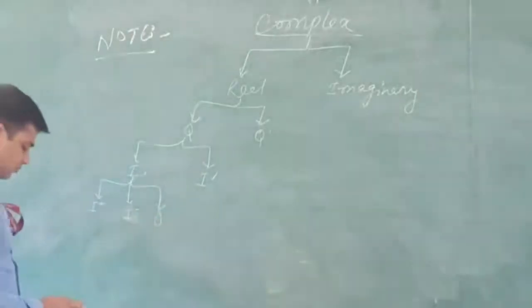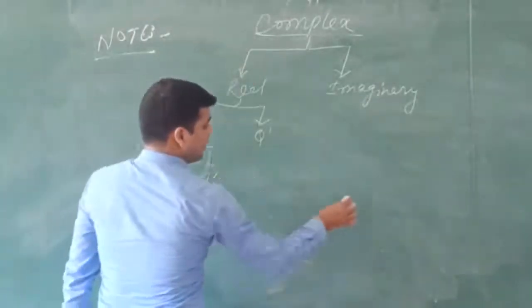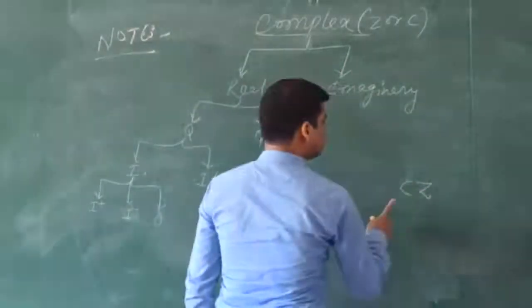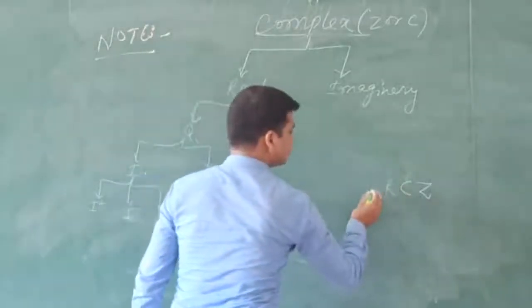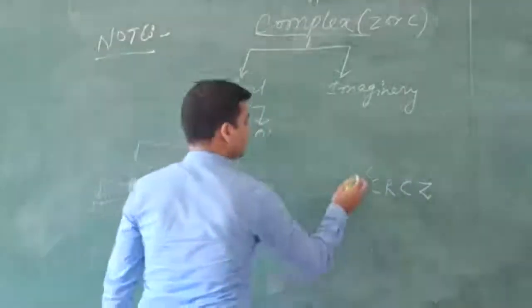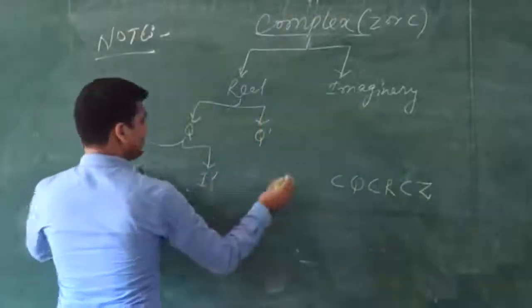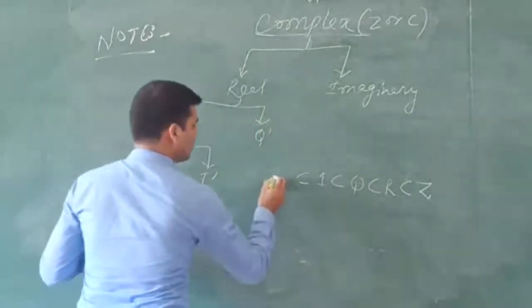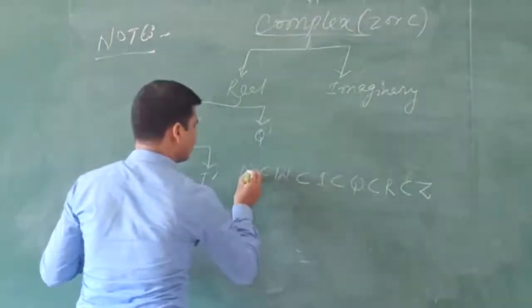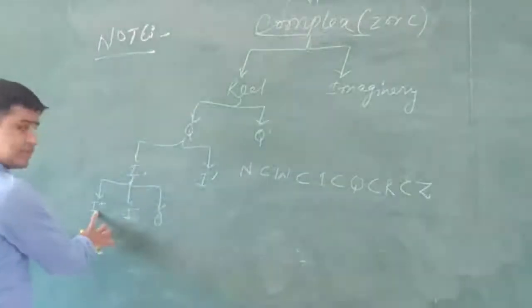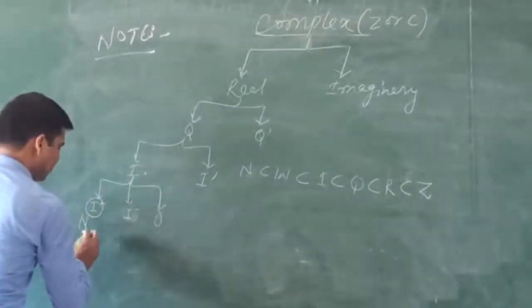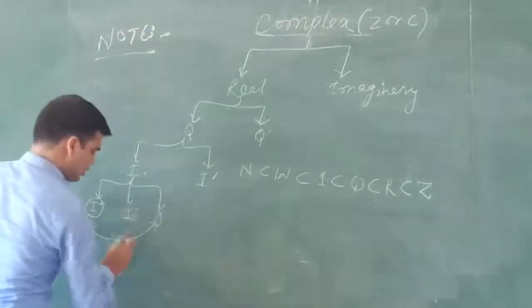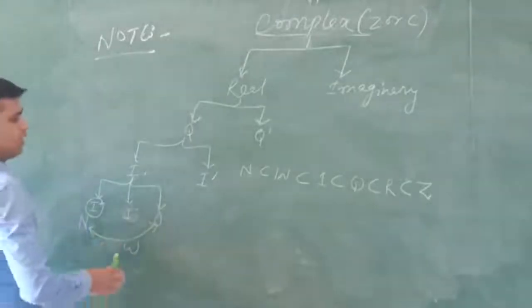Now see the complex number Z. It is a superset of the real numbers, and the real numbers are a superset of the rational numbers. Rational numbers are a superset of the integers, integers are a superset of the whole numbers, and whole numbers are a superset of the natural numbers. The positive integers are the natural numbers, and if you include 0 in the natural numbers, you get the whole numbers.